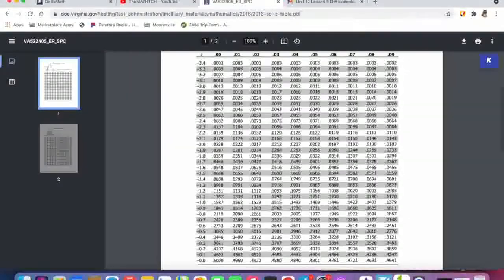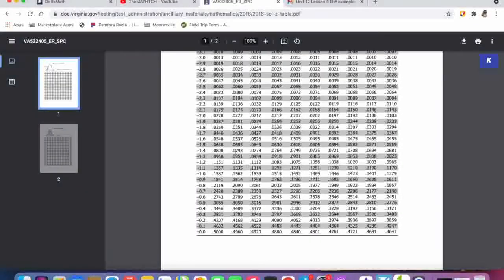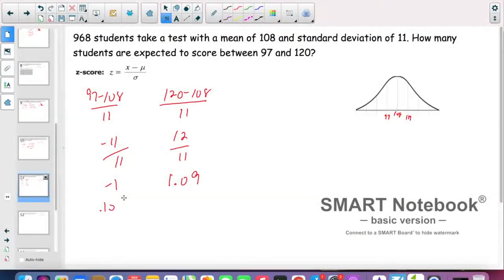In the negative portion of the table, the -1 z-score, -1.0, is 0.1587, which means that 15.87% of the data lies below a -1.